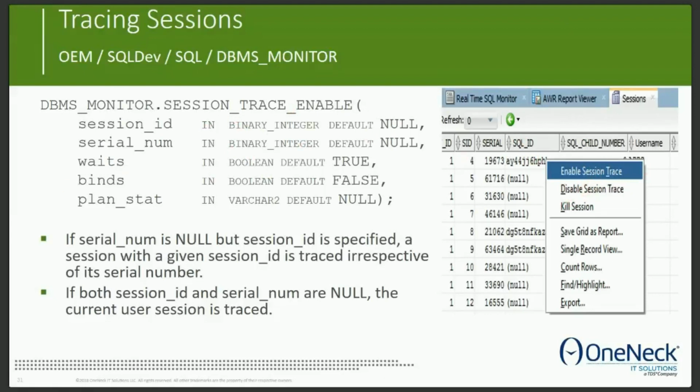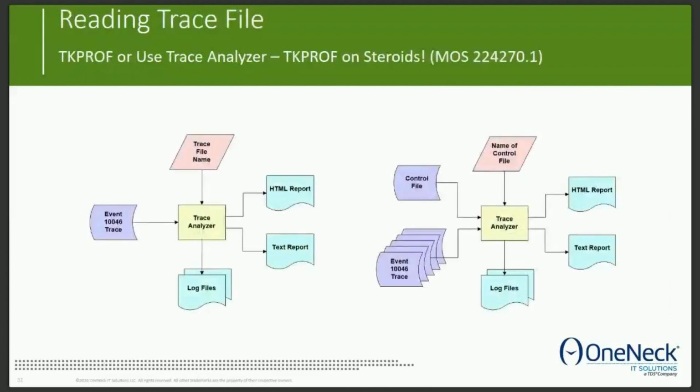Pretty known thing. And for reading trace files, most of us still use TKProf. If you are still using TKProf, I would recommend you take a look at My Oracle Support note 224270.1. That is the trace analyzer. Trace analyzer is a tool that gives you an HTML output. You give the 10046 trace file name as the input, and the output will be a bunch of log files.